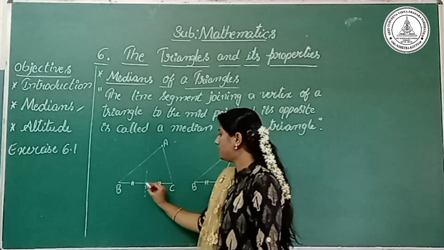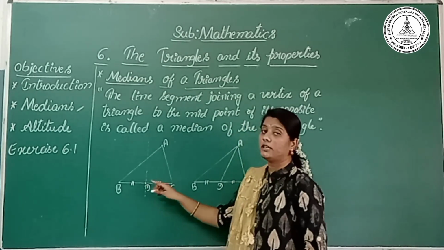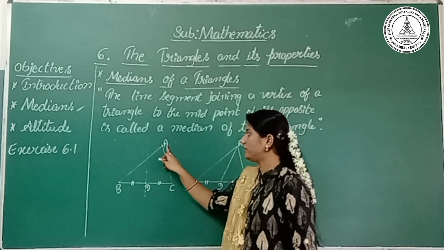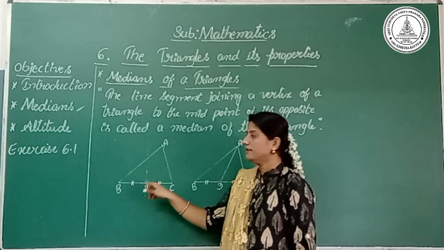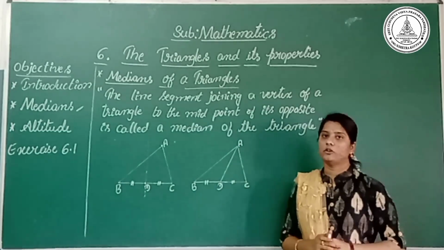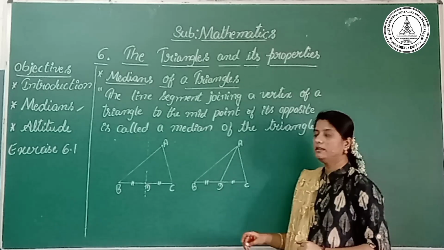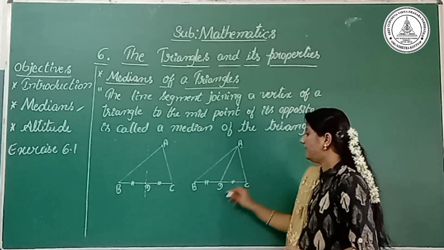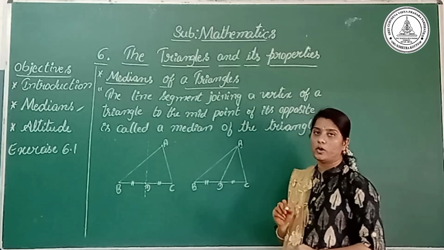The midpoint of BC is D. If the line connects vertex A and the midpoint of BC, then it is said to be a median of the triangle ABC. So here I joined them. The vertex is A, the opposite side is BC and D is the midpoint.